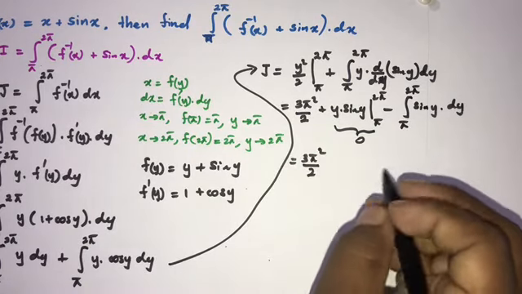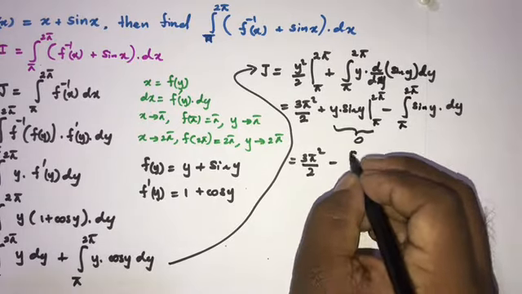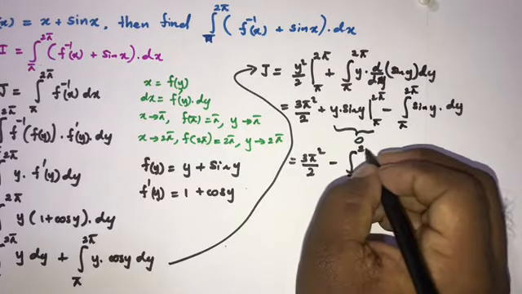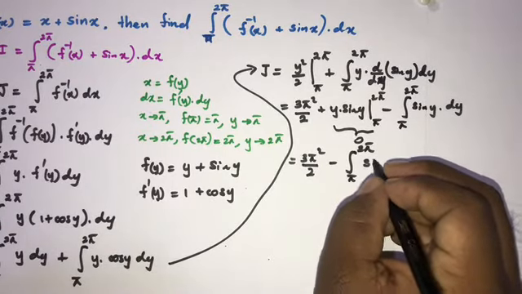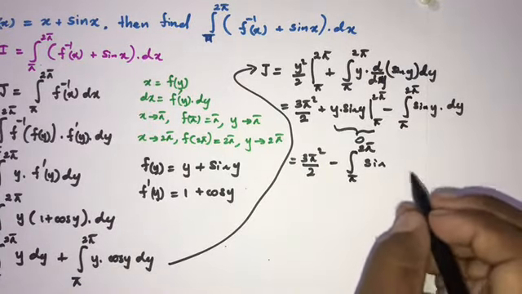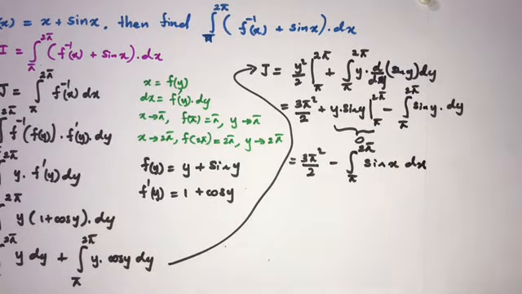Now minus, we can change the variable, so this is equal to the integral from pi to 2 pi of sine of x dx.